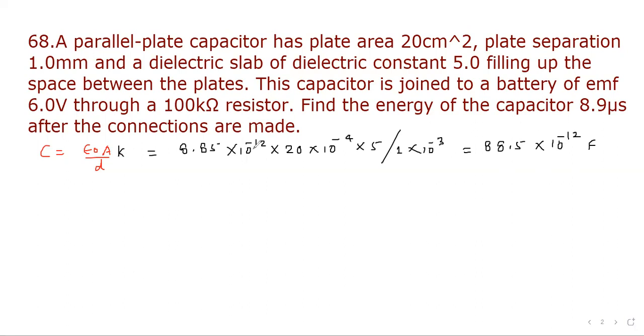Now, this is a case of charging. So, Q equal to Q0 times 1 minus e to the power minus t upon RC. So, we put the values.